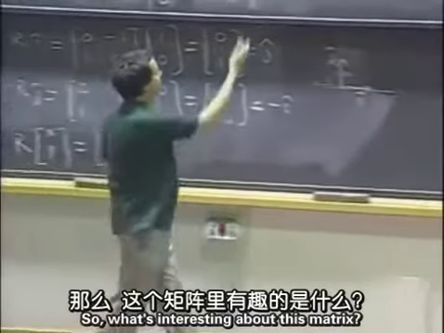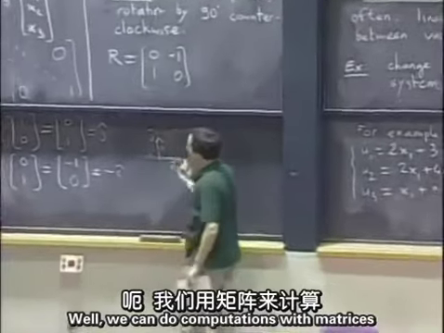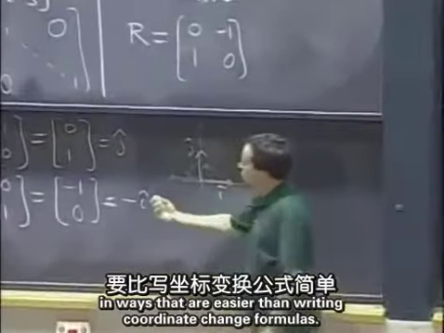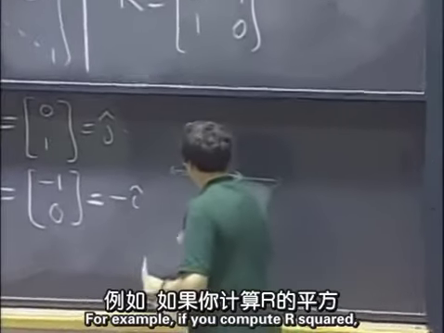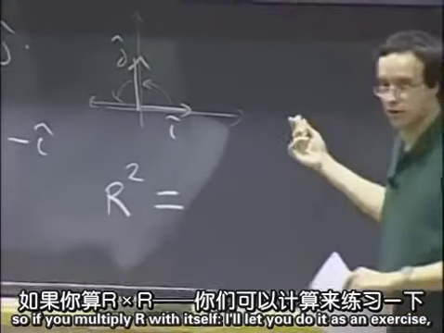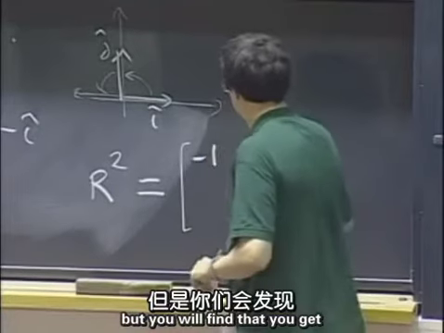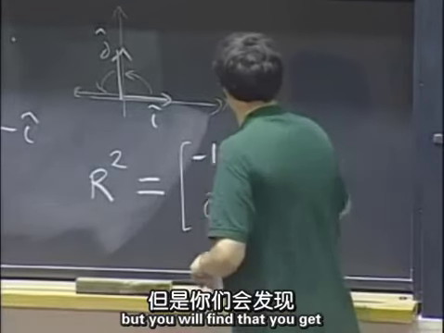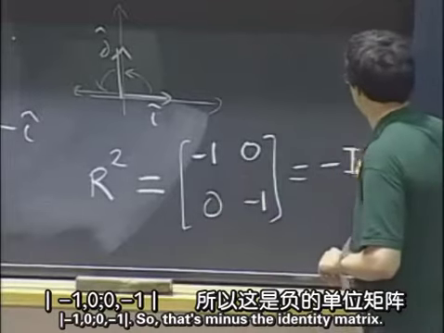So what's interesting about this matrix? Well, we can do computations with matrices in ways that are easier than writing coordinate change formulas. For example, if you compute R squared, if you multiply R with itself, I'll let you do it as an exercise, but you will find that you get -1, 0, 0, -1, so that's minus the identity matrix.